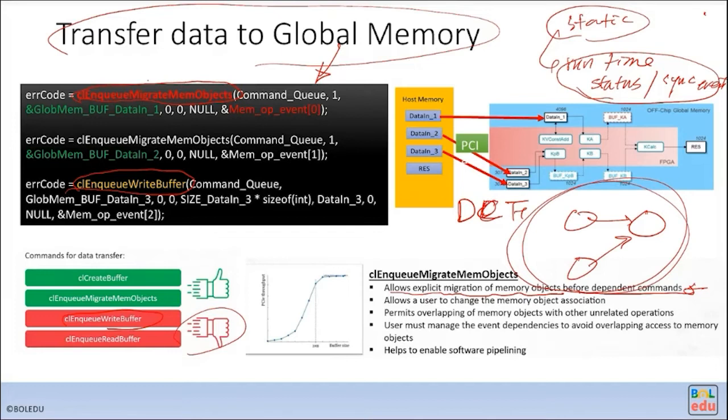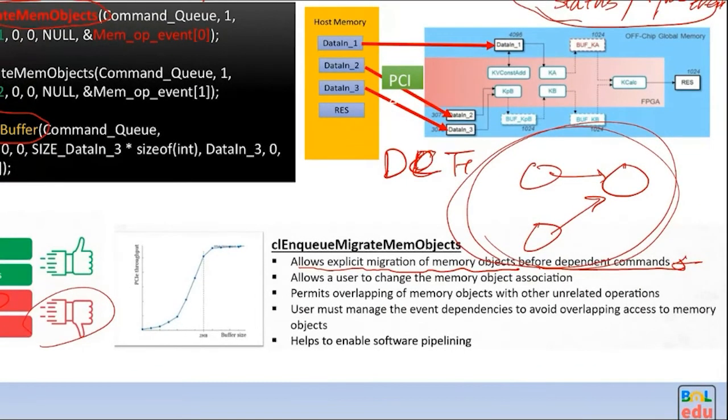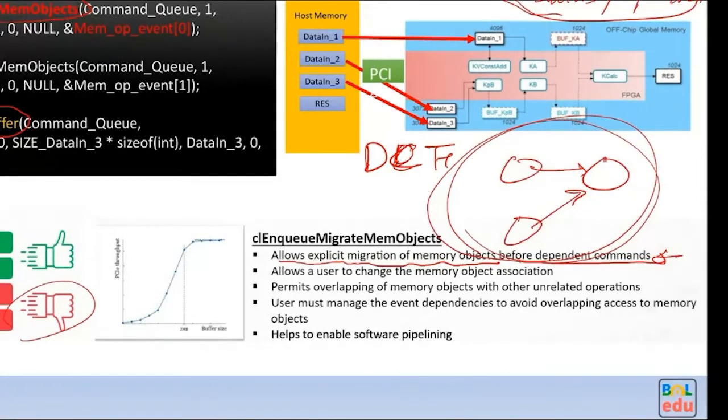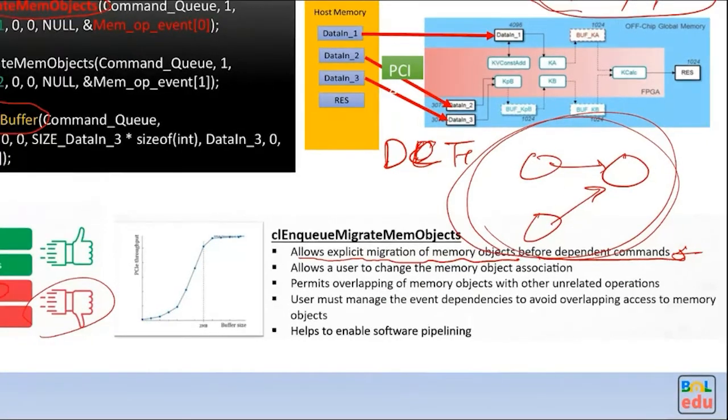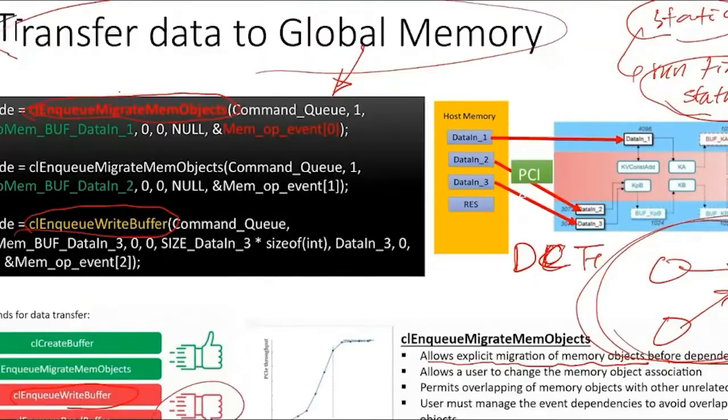For the actual running, the XRT will execute dynamically at runtime, based on the runtime status and events that happen. So this gives you much more efficient utilization.